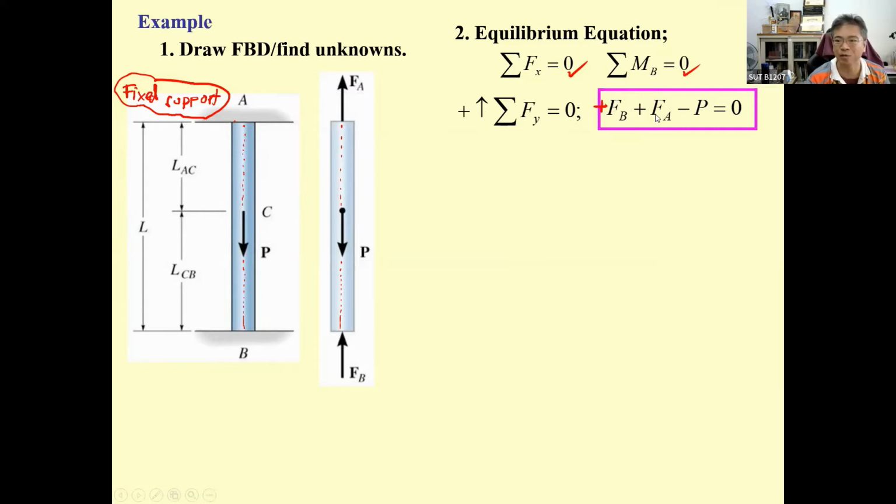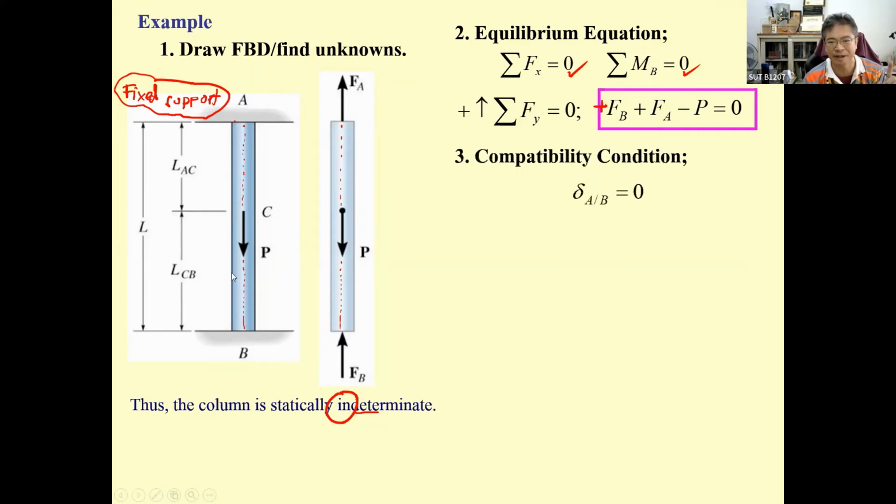Okay, for example, if we set P equal to 10 kilonewton, you need more equations to solve this statically indeterminate column. And then you got to again consider the deformation of this column under the force, and to consider the deformation of the column, you got to draw another free body diagram of the member AC and of the member BC.